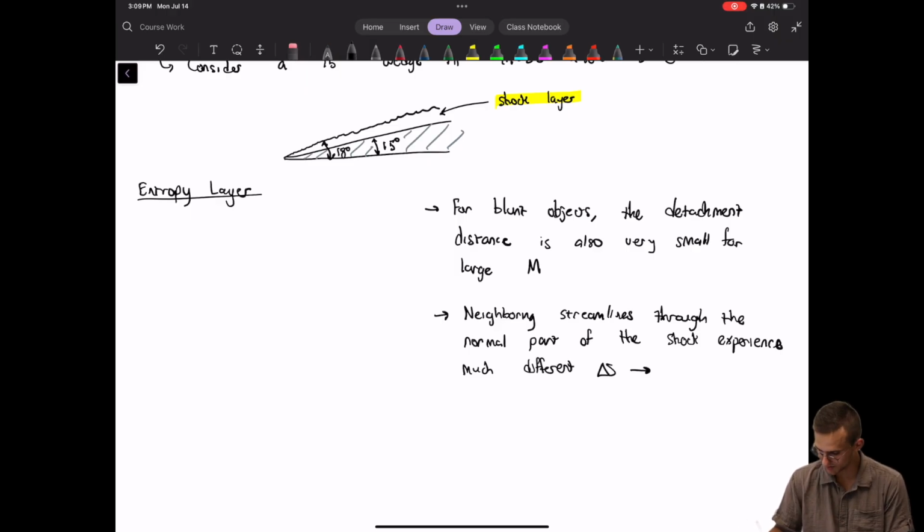This leads to strong entropy gradients, which in effect screws up your boundary layer calculations.